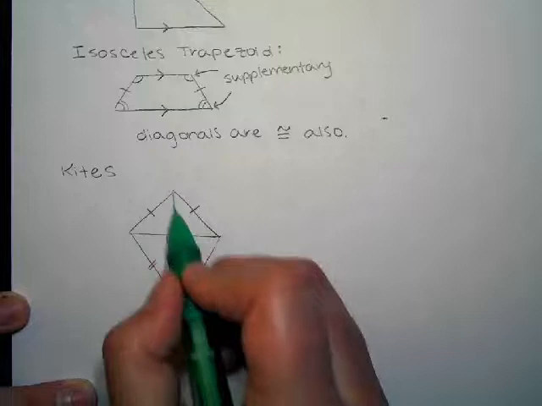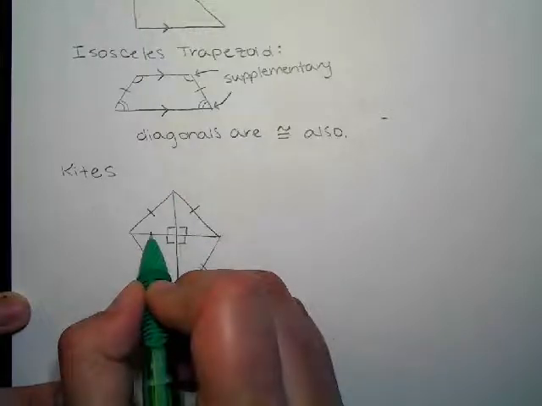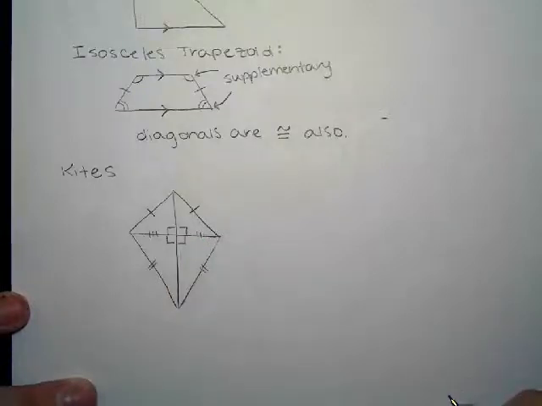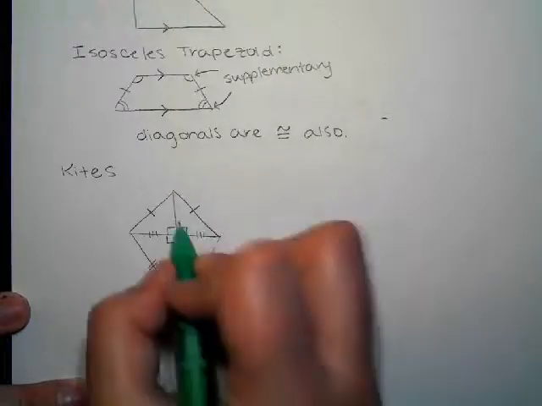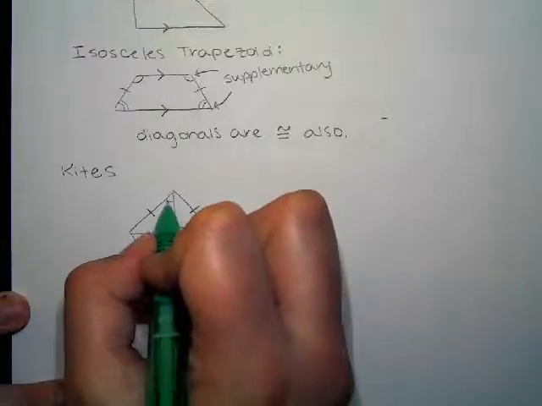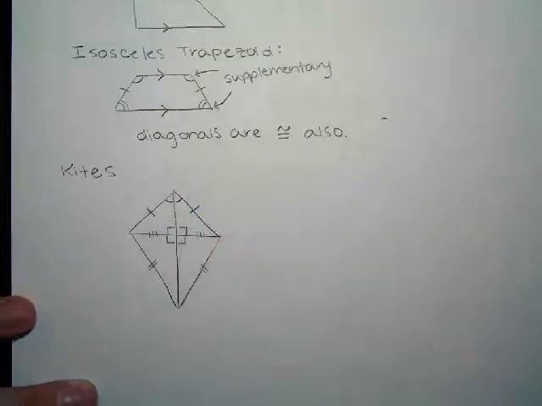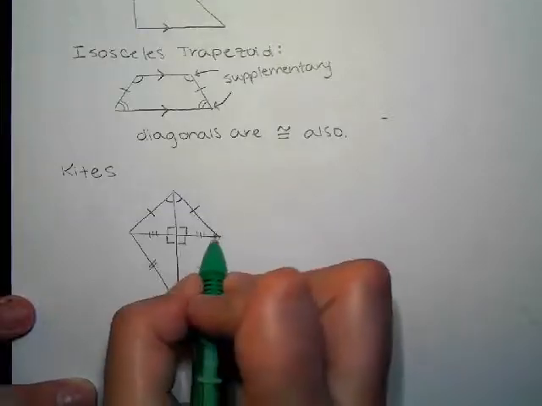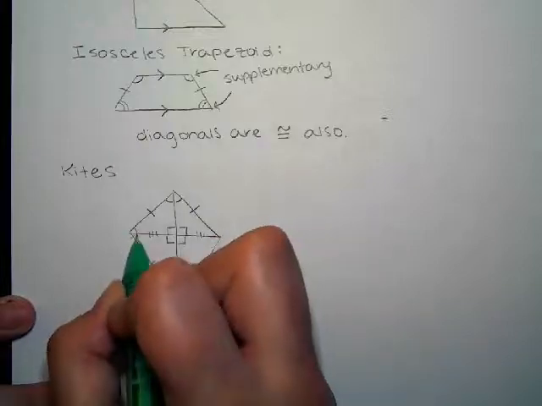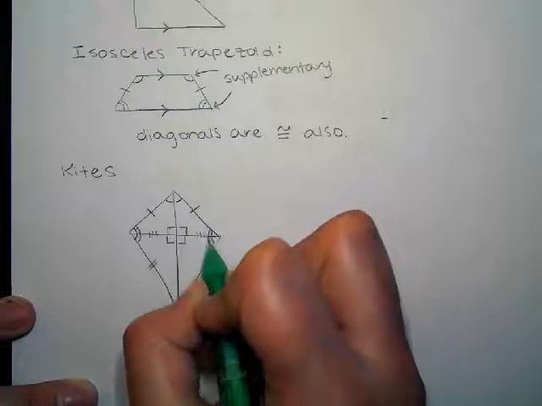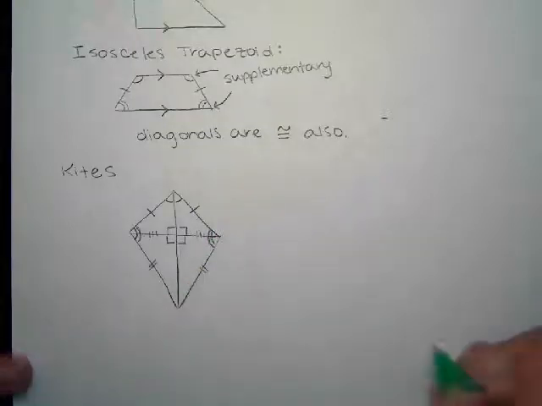This diagonal down the middle cuts the other one in half. The long one cuts these two angles in half. So that's kind of interesting. And then this angle over here, the whole thing, this whole angle and this whole angle are both the same. I think that's everything. Okay.